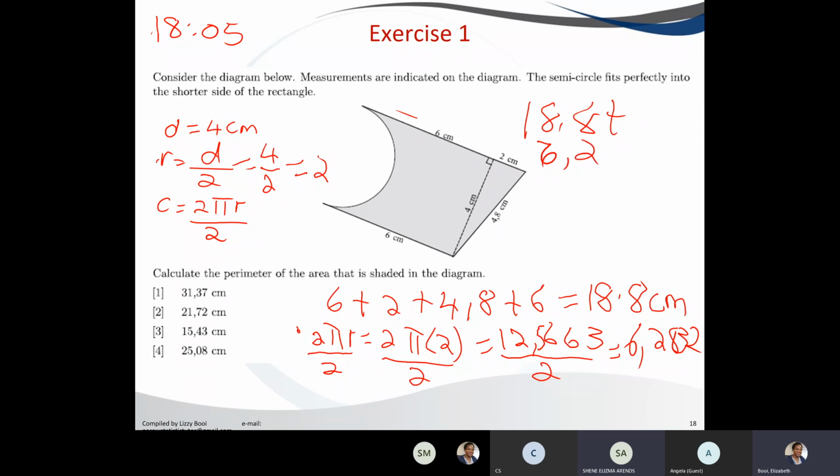Let me rewrite it nicely so that you can see. So now to calculate this, you will have to take 18.8 and add 6.2832 to get to your answer, which is option 4, 25.08.